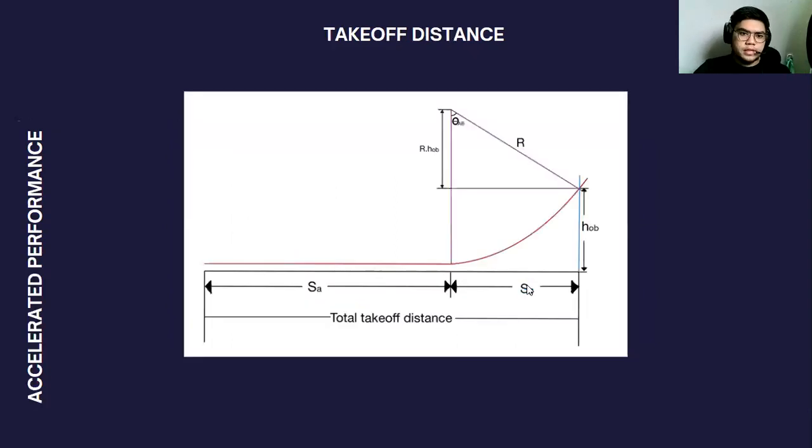Next, for the accelerated performance. First of all, in this section, I will calculate the takeoff distance. In this figure, I will calculate first the SA distance, and then add the SG distance. To find the SG distance, I need to find R first for the radius, and then use the cos and tan formula.